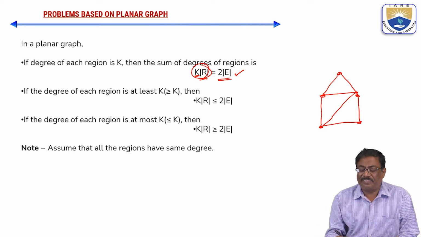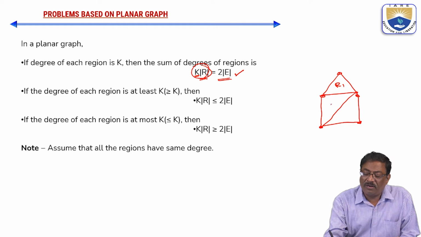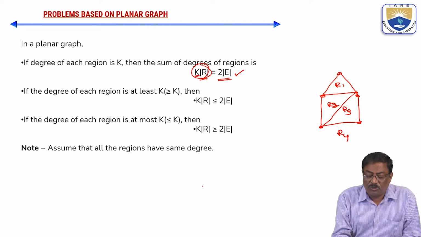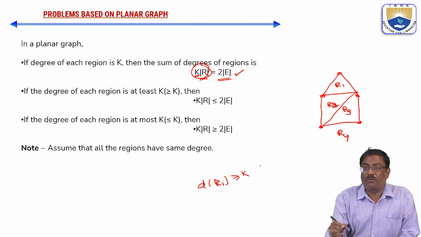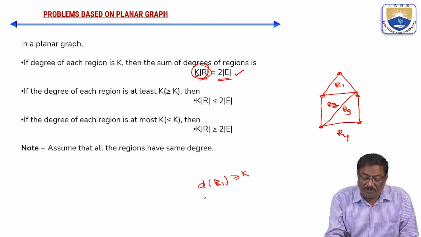Now, let us say that there are R1, R2, R3 and R4 regions. 4 regions are there. So the degree of R1 is greater than or equal to k, the degree of R2 is greater than or equal to k, the degree of R3 is greater than or equal to k, and the degree of R4 is greater than or equal to k.